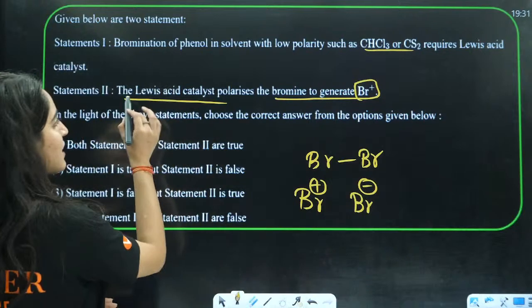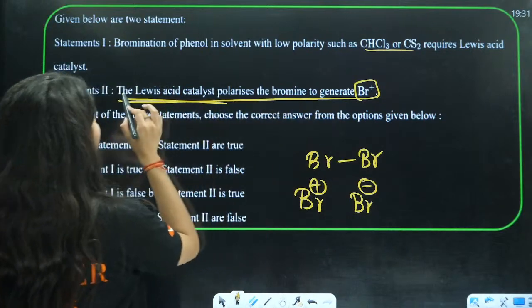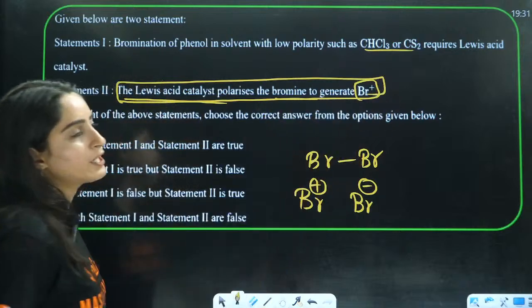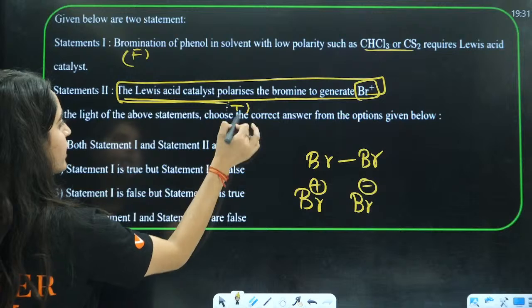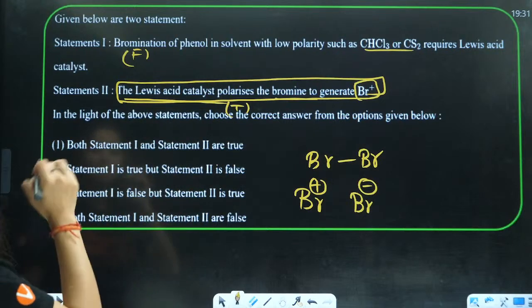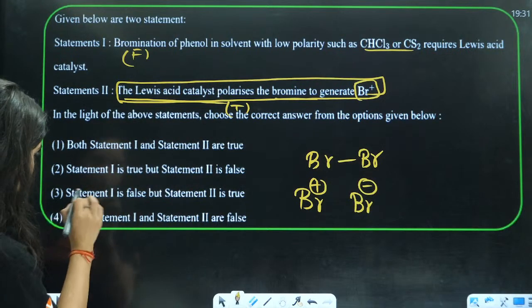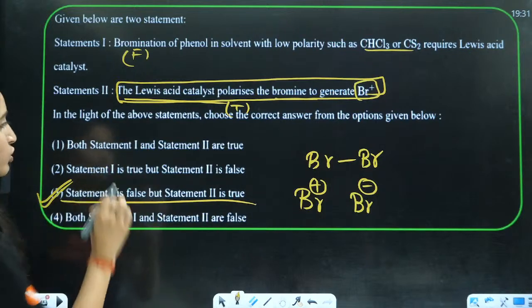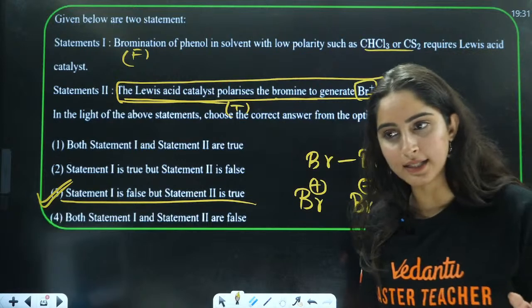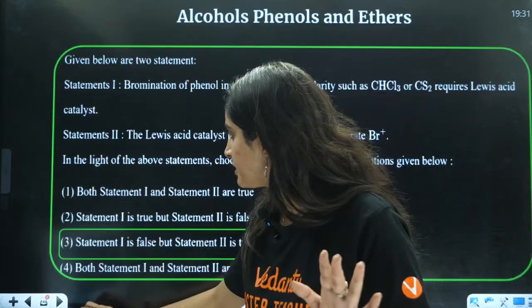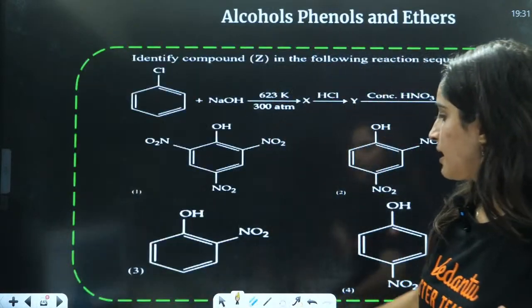So the work of Lewis acid is to polarize bromine to generate Br positive. So statement 1 is false and statement 2 is true. So 3 is the correct answer. Is that clear? Yes, guys.